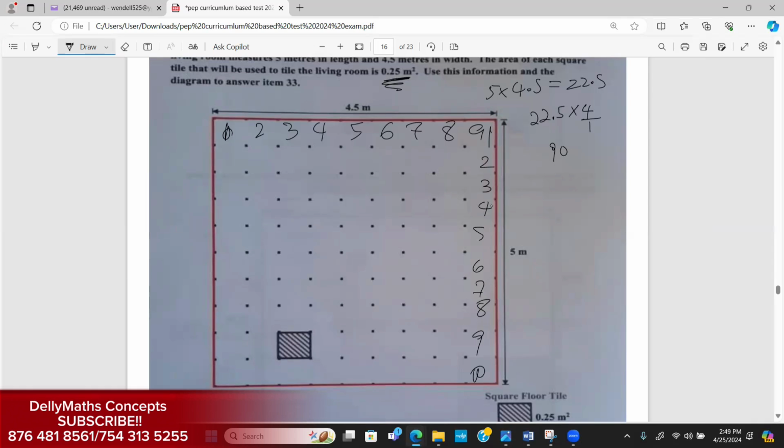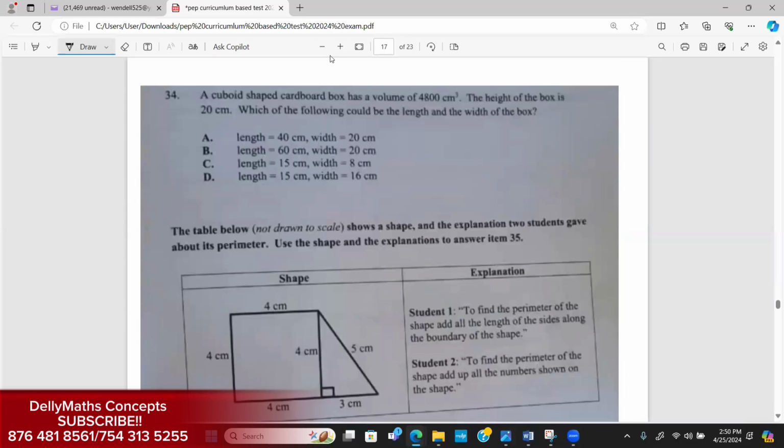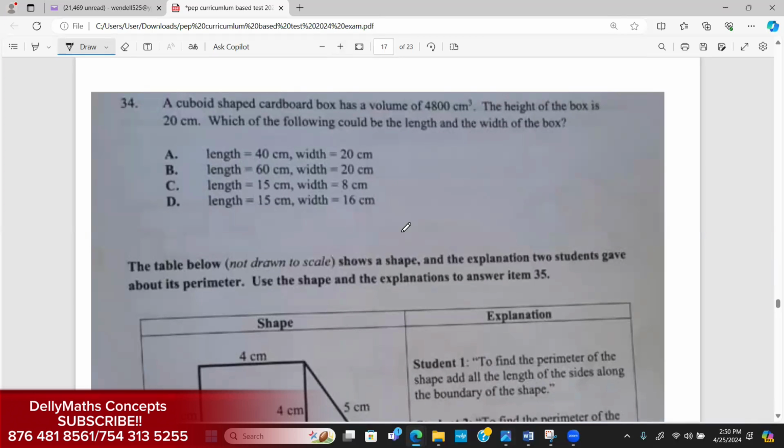So 9 going that way and 10 going that way. I could say 9 times 10, and it will take me to 90 again. Not going to work it any other way. Let's go.